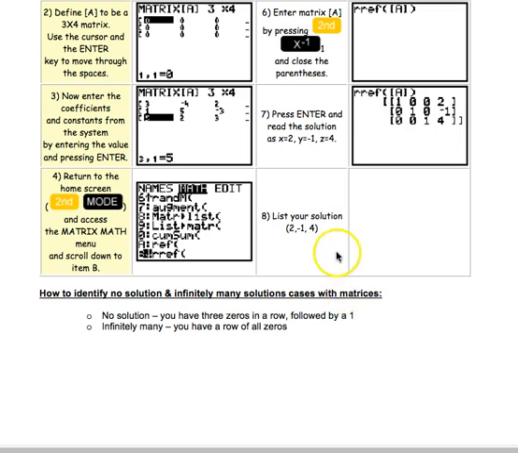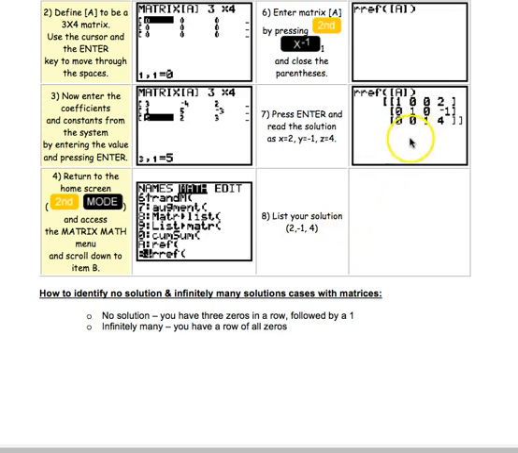Now, you do need to be careful. Once you've written down your answer matrix, there are obviously systems that have no solution or infinitely many solutions, which means you can't just always look at the last column. You have to look at this as well. If you don't get this pattern with the ones and zeros exactly like you see it on this one, then it's probably a special case.